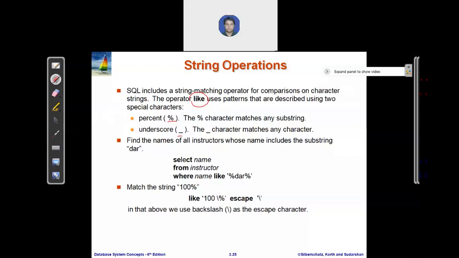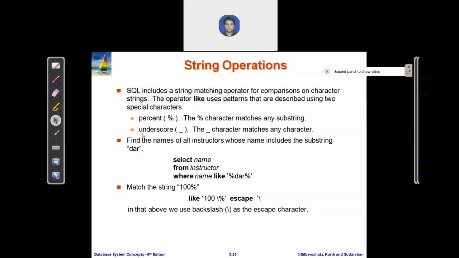Using the keyword like, we compare strings. Percent we use for matching any substring, and underscore we use for any single character. It will be clear with an example, don't worry.